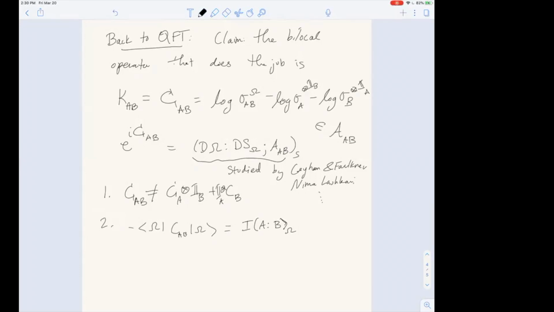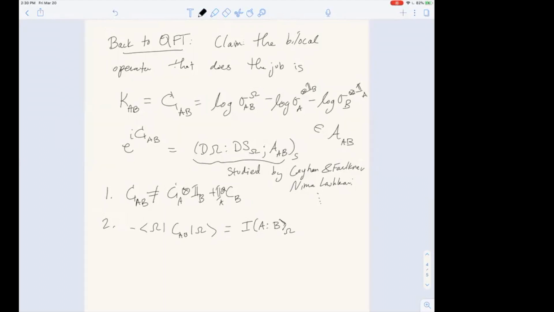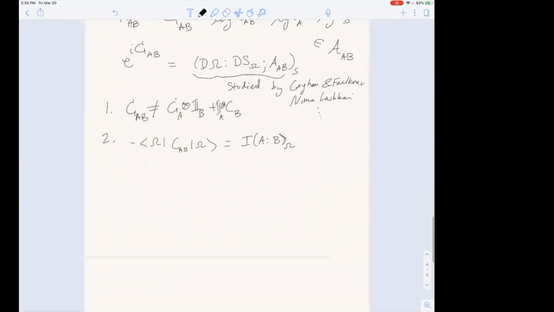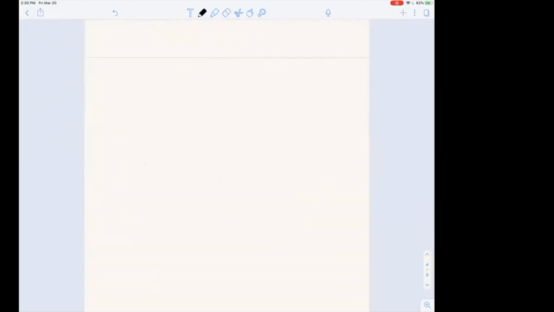So what I'm going to do is use this operator to construct states with shocks of energy that have the requisite size. I should say what follows is based closely upon work by Shahar Faulkner.